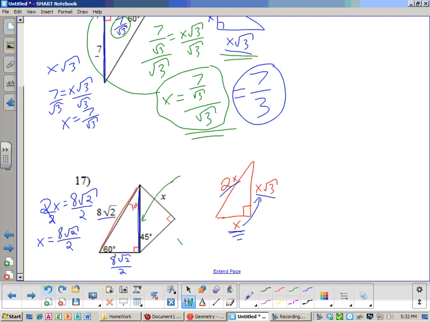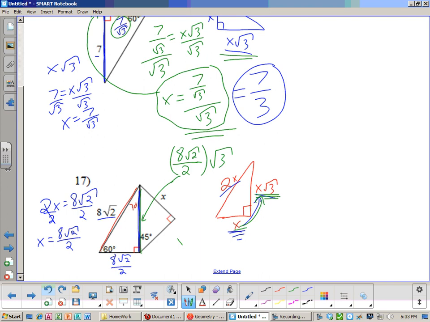This right here is 8 square root of 2 over 2 times the square root of 3. Don't forget we're using this formula right here. We're just taking whatever's right here and multiplying it by square root of 3. So that entire side is 8 square root of 2 over 2 times the square root of 3.